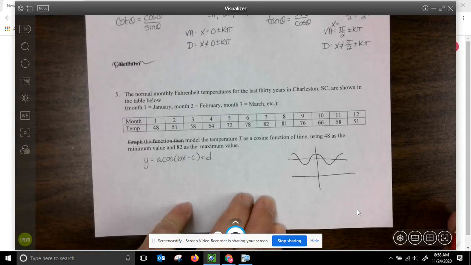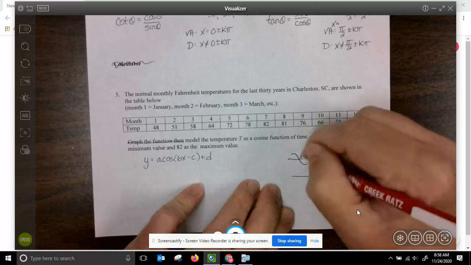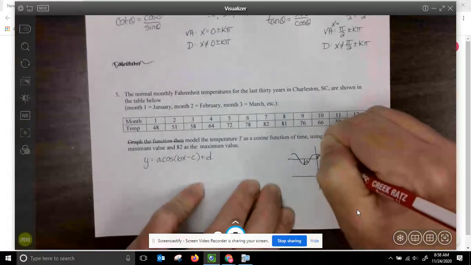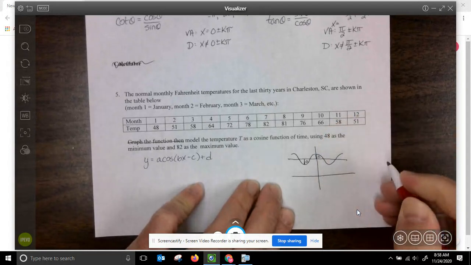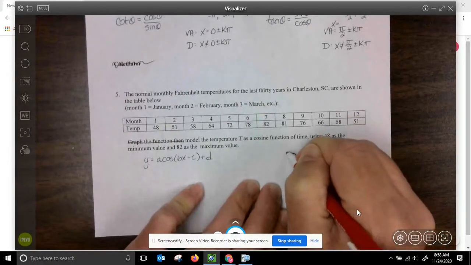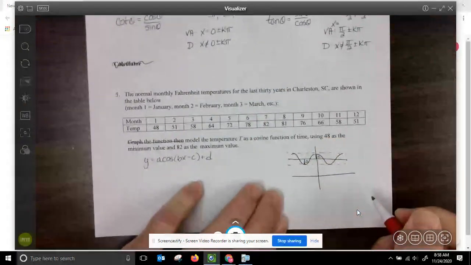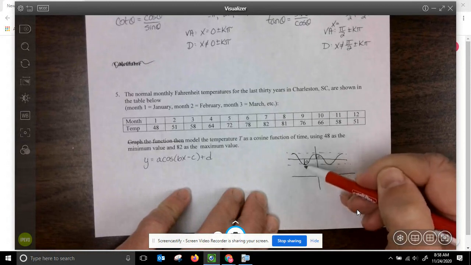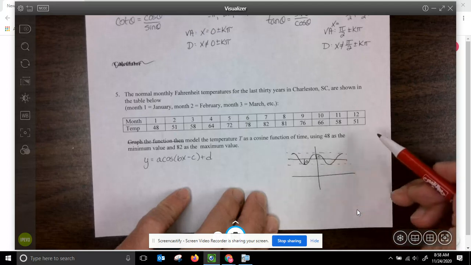We know that our A has to do with our amplitude, and our amplitude is the distance between the baseline and my minimum and between the baseline and my maximum. This would be our max line, this would be our min line. Between my max and my min line, I have two A's.